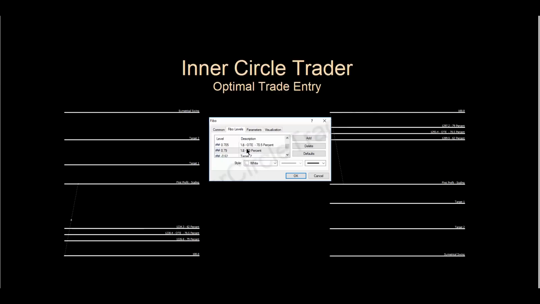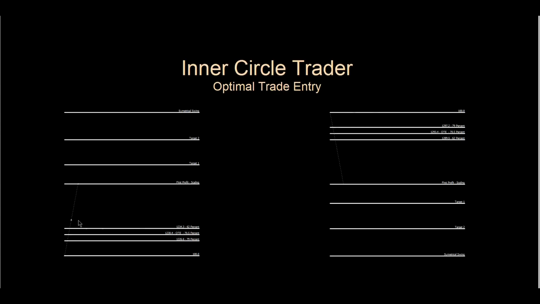And 79%. And we have our target levels, which are -0.62, -0.27, and then -1 for a symmetrical price swing. Okay, and then the same is done over here. I don't need to show you the property settings for that. It's the same thing, just shown in a scale looking for downside objectives.